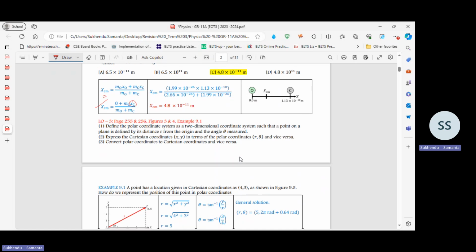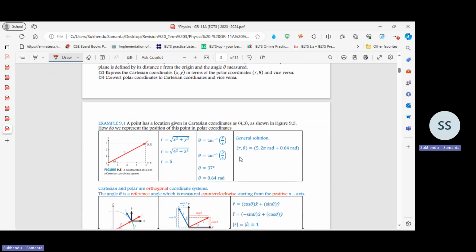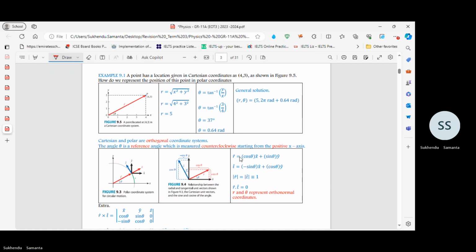Next one, the difference between polar coordinates and Cartesian coordinates. Polar coordinates are r, theta; Cartesian are x, y. If you put them into the right formula, it is very clear. x is equal to r cosine theta, y is equal to r sine theta.